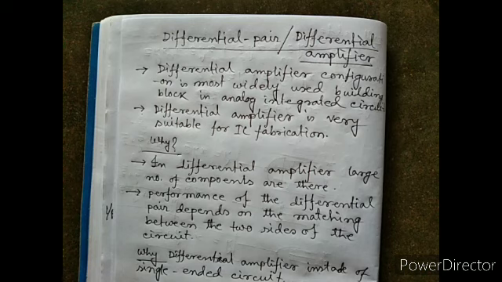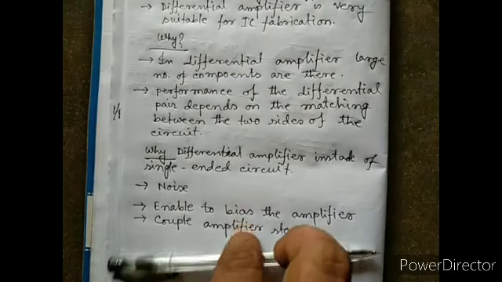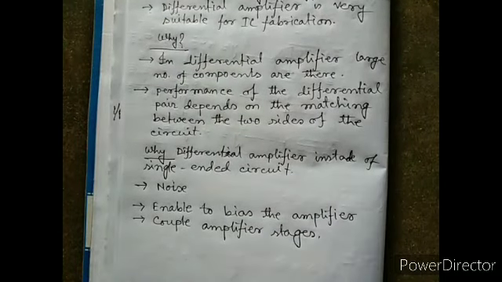Now, the question may arise, why is the differential amplifier used instead of a single-ended amplifier circuit? We can use a single-ended amplifier instead of a differential amplifier, but if we compare the performance, we can see that the differential amplifier is less affected by noise.